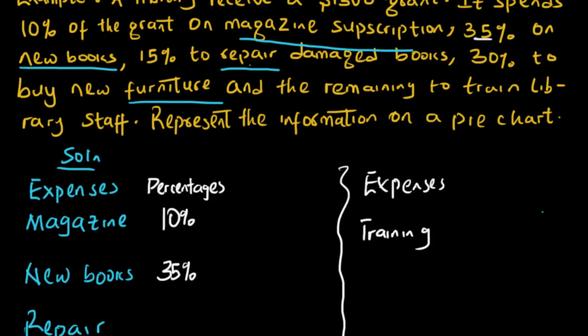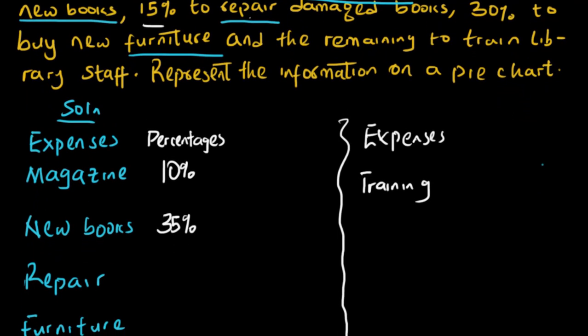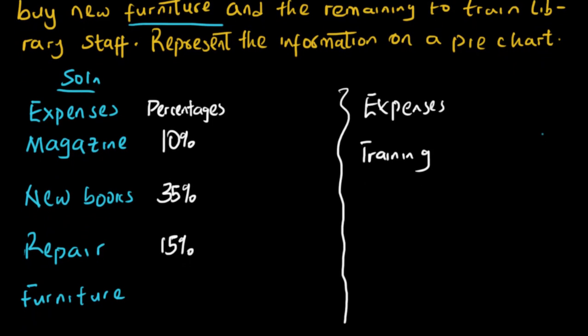Then for repair we have 15%. So for repair we put 15%. Then for furniture we have 30%. So for this one we put 30%. And then we're told the remaining was used to train library staff.